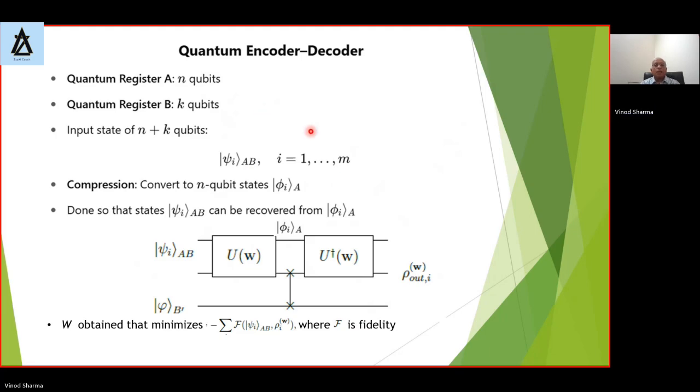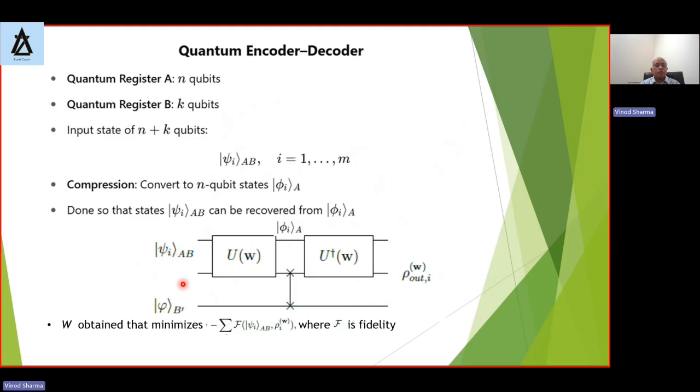So we have a training sequence of phi i, i equals 1 to m, n plus k qubit states, which we are going to write as phi i A B. A and B are two registers. A is of n qubit size and B of k qubit size. So this is the state of the n plus k qubit input, and we want to compress it to n qubit states.